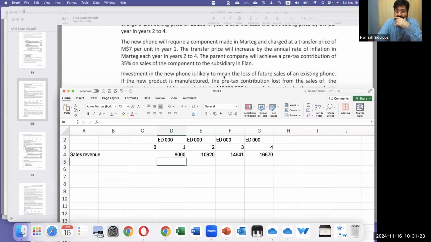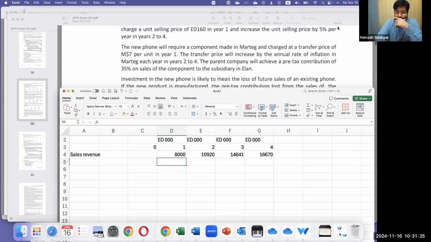Now, this is the calculation. Component cost. Component will come from Maltech and they will charge $7 in the year one. And transfer price will increase by annual rate of inflation in Maltech. And of course, there is contribution as well.